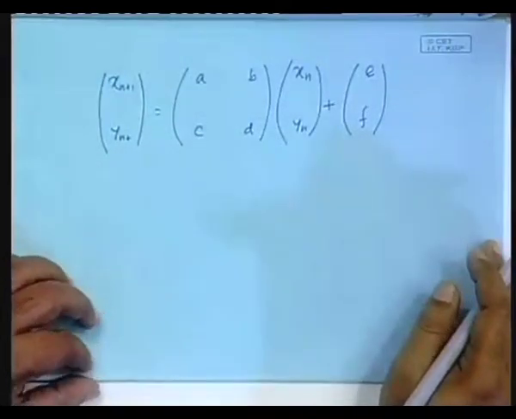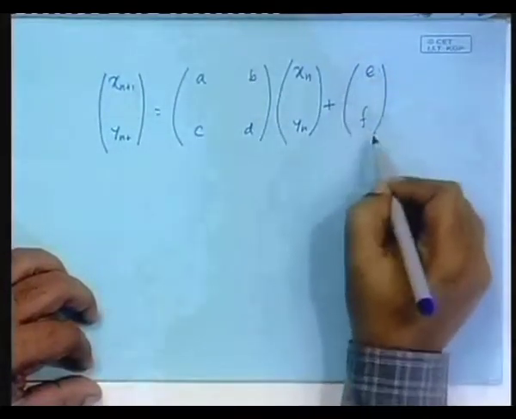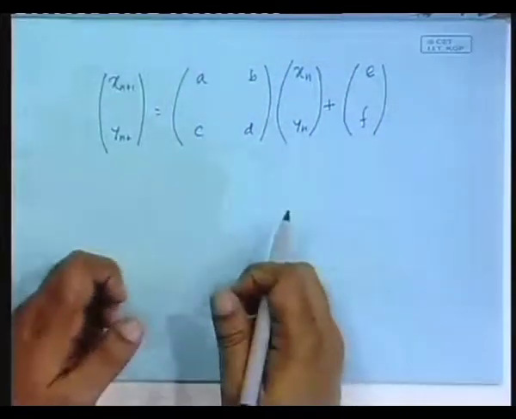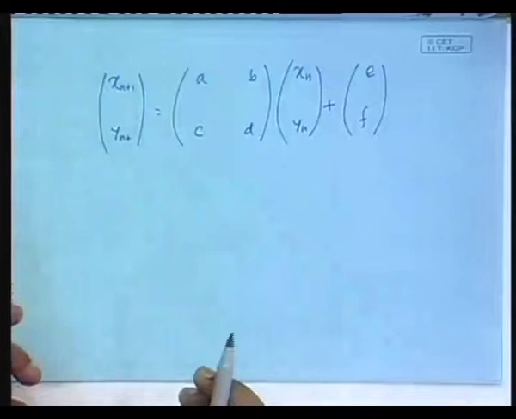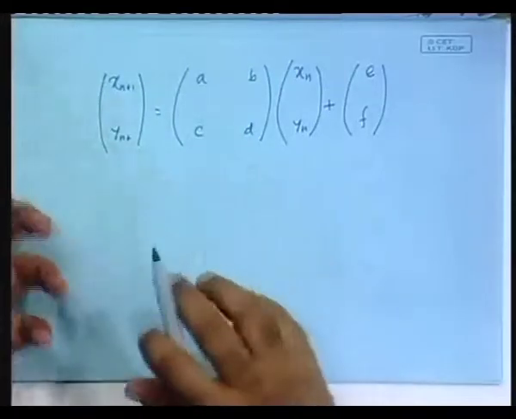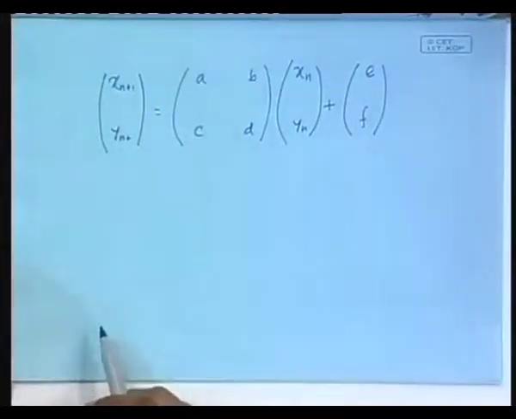It is not difficult to see that these two, e and f, define translation, and these 4, A, B, C, D, define rotation, flipping and stuff like that.